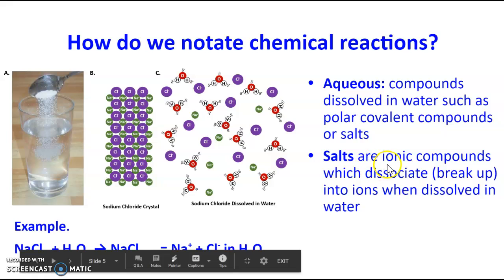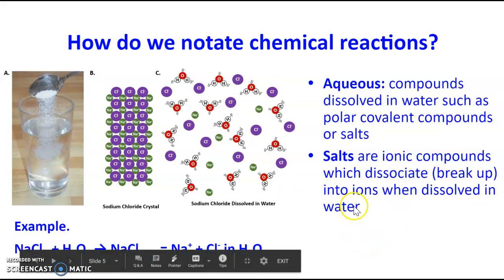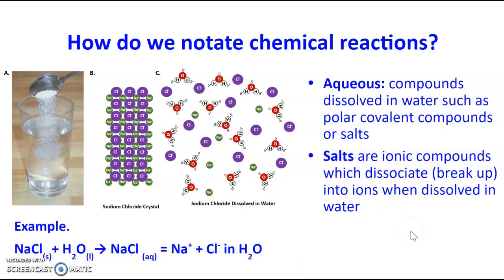Salt is just an ionic compound that dissociates, so it breaks into 2 pieces or more when it's dissolved in water. And so the example here is solid sodium chloride is put into pure liquid water.